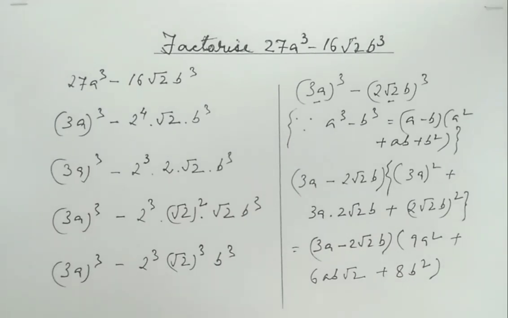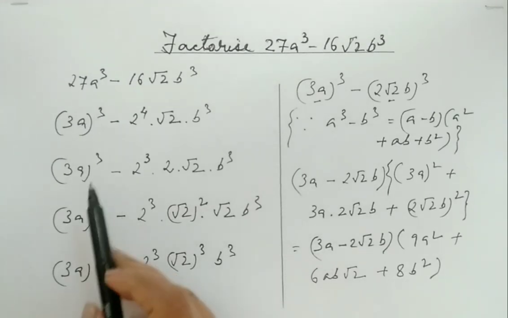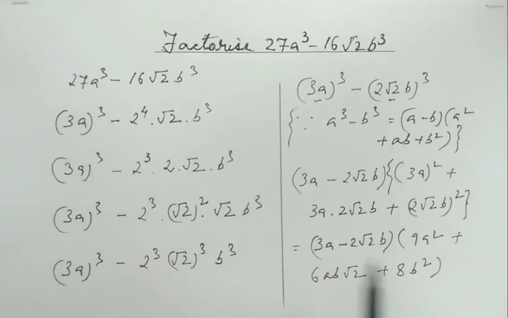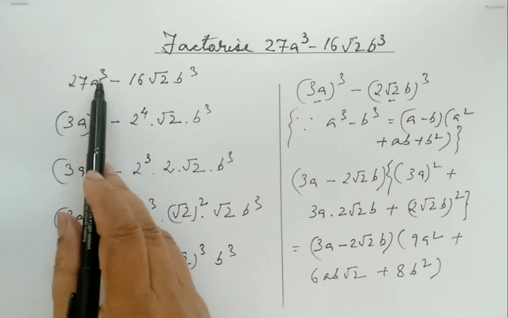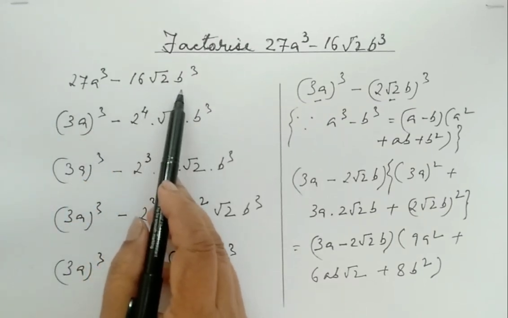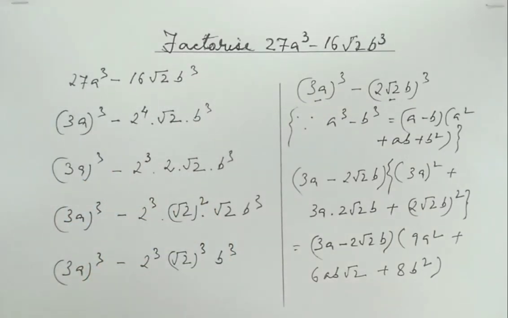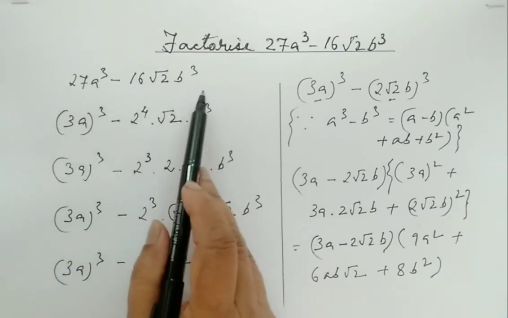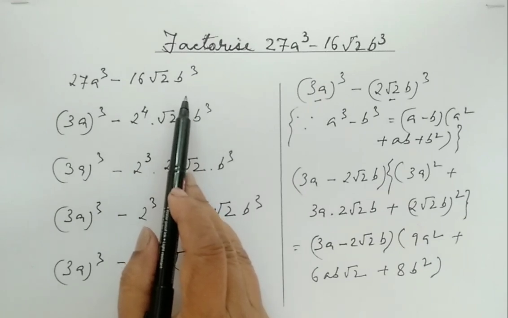So I hope you people have understood. So this wasn't rocket science. I'm sure this is very easy after you have comprehended the way this is to be cracked. Correct? So if I have to reinforce, it is 27a cube and 16 root 2b cube. This seems a little unclear because we do not understand how to find our cubes.